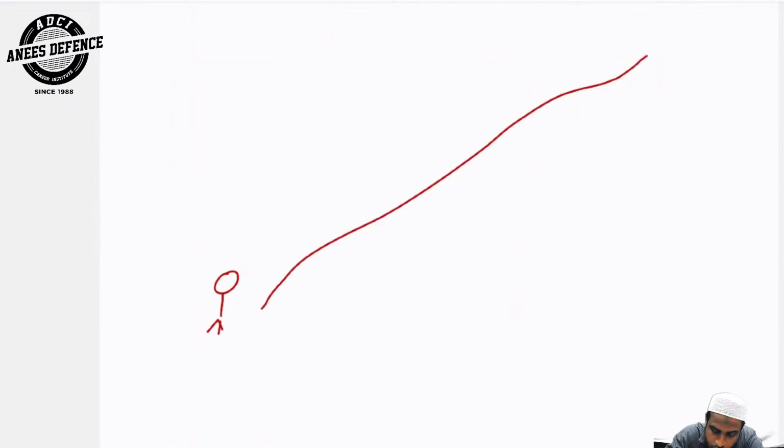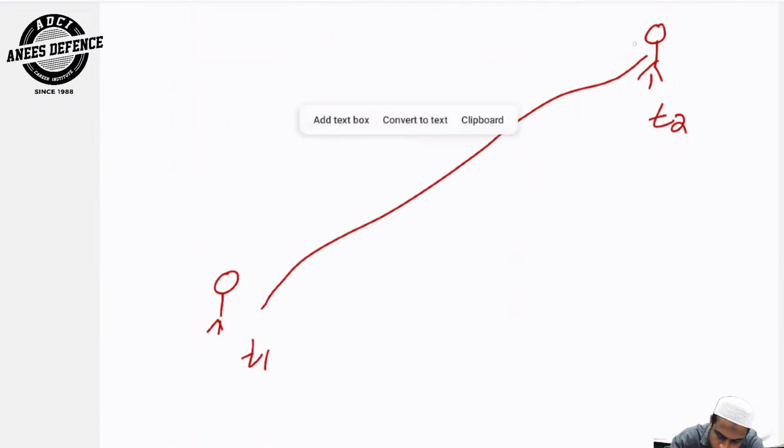Now I will give you the concept of instantaneous velocity. Now you are standing here and you have reached this much distance after some time. Here the time is t1, here the time is t2. This much distance traveled, that I will represent as delta S. The time taken to travel is delta T. What is delta T? T2 minus T1. Delta S is S2 minus S1.